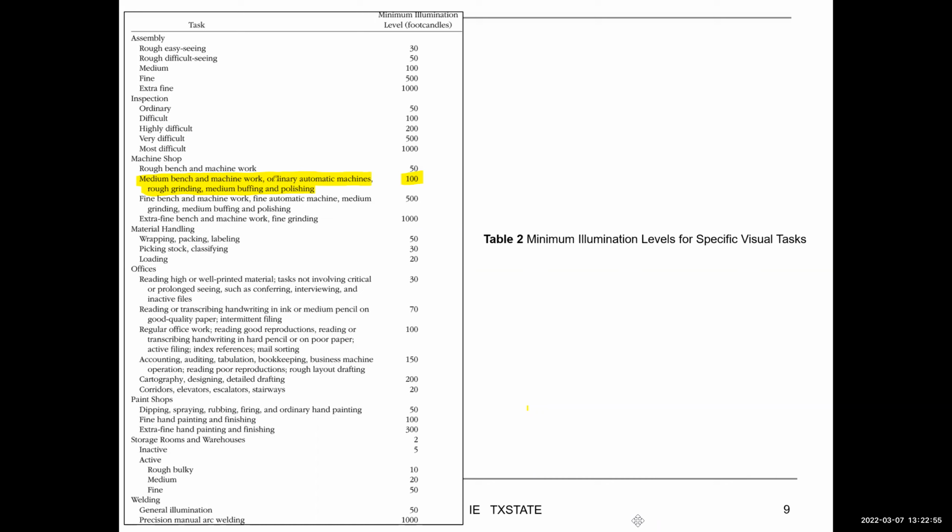But you can see this is divided by different types of industry. So here we have the machine shop, material handling, offices, paint shops, storage rooms and warehouses, welding, inspection, and assembly.